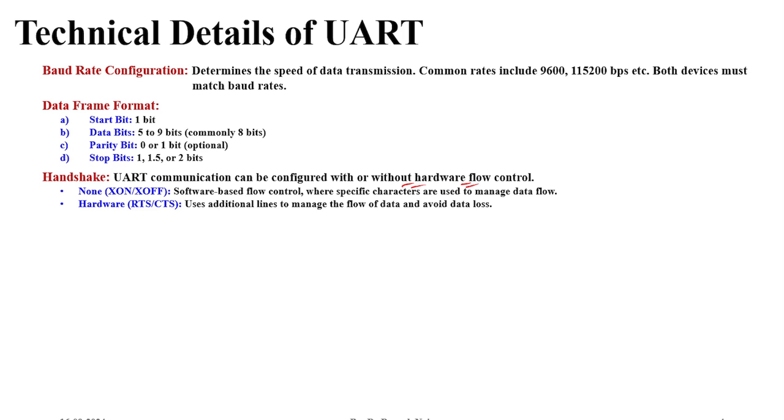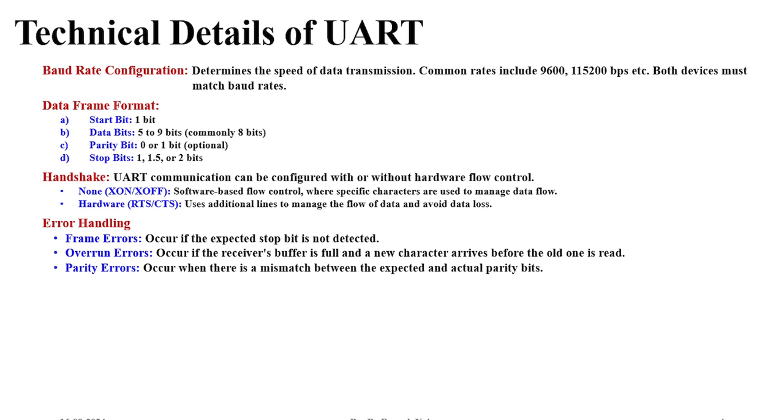XON and XOFF is one of the configurations by which we can control the data. Secondly, we can have hardware-based data flow control, which is configured by using RTS and CTS. For this we will have to use extra lines, but generally we don't use these lines.